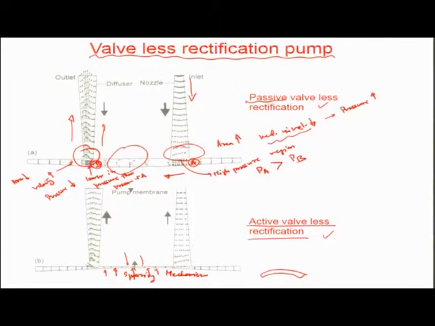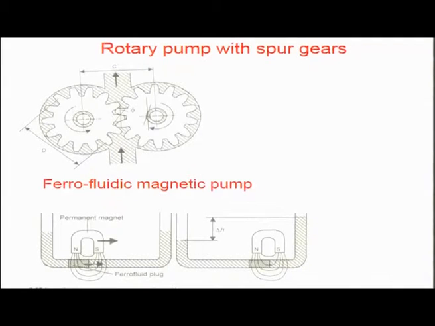Obviously the throw out would be more in this case because the pressure here is lower than the pressure here, and so more fluid will be going into the outlet side than the inlet side. So this is one of the first systems of pumping that can be achieved, because of actuation being actively done or passively done by change in architecture. This is one example of fluid actuation.